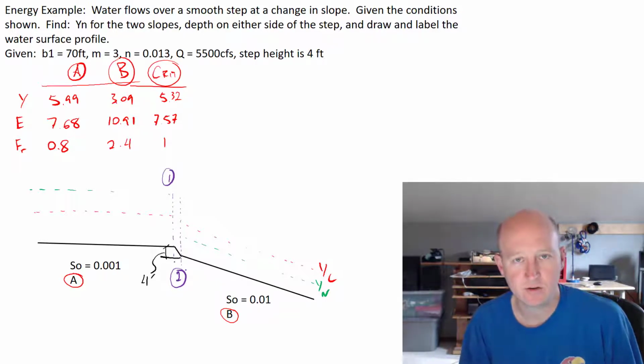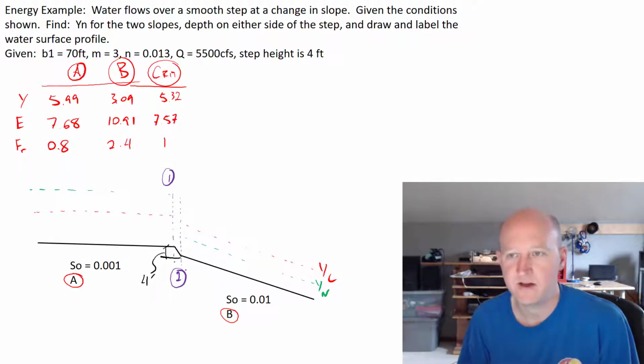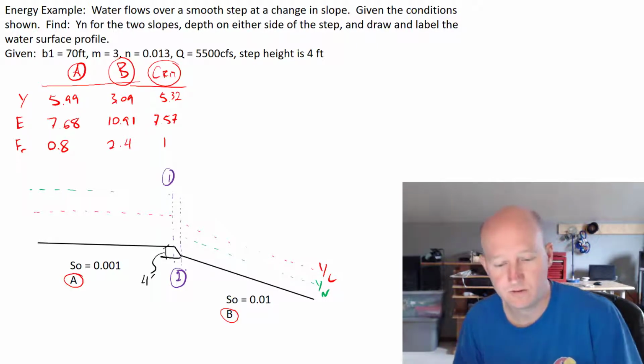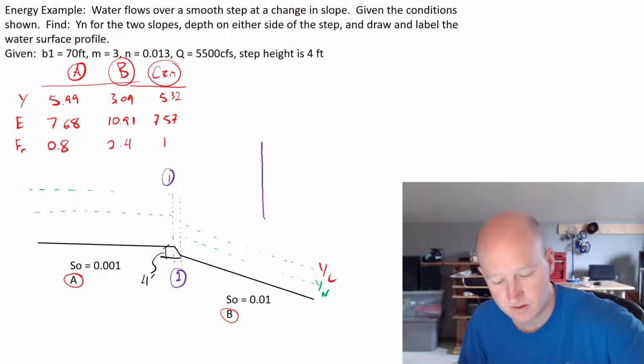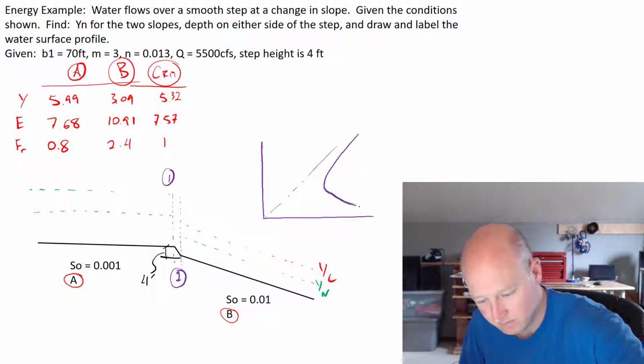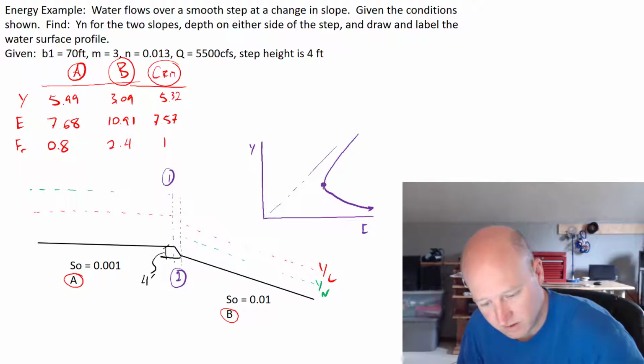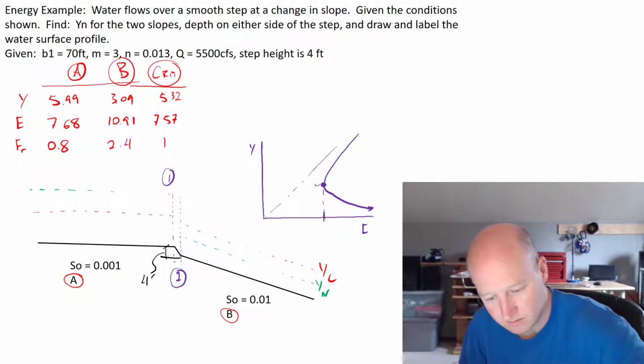Anytime we go from subcritical to supercritical, what happens is the water accelerates, and it happens to go through critical right at the crest, and that has to do with the fact that critical depth corresponds with the minimum specific energy that's needed to pass the flow. So if we plot out that specific energy diagram, this point right here, the minimum energy, that's critical.